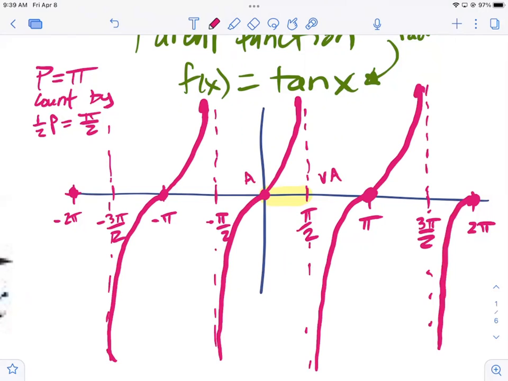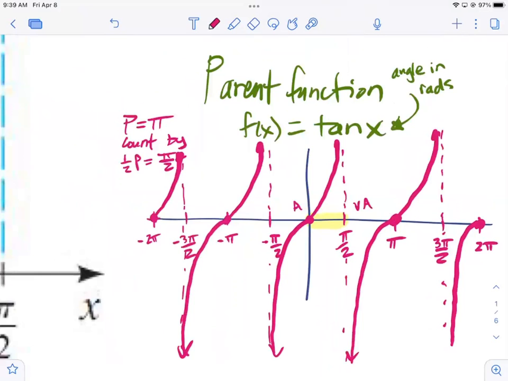The only difference is x cubed, as it goes up to infinity, it goes out left and right towards infinity, and it also goes horizontal at the origin. Tangent does not go horizontal at the origin. As tangent goes through the origin or any axis inflection value, it launches through at a 45-degree angle. This is your parent function for tangent of x.